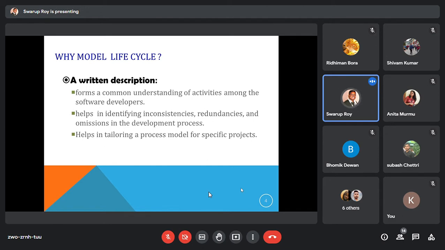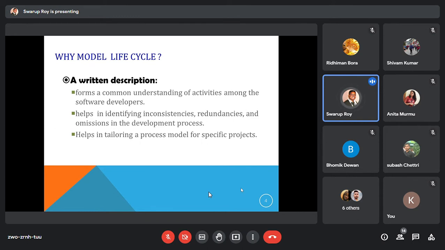As I mentioned, these are the descriptions within the model. That means the in-detail steps to be taken in different phases of the software development life cycle. It plays a role in exchanging information among the different phases. Say the first phase is requirement analysis. Whatever you have done there will go to the next phase, say designing. From designing, there will be documentation which will go to the next phase.